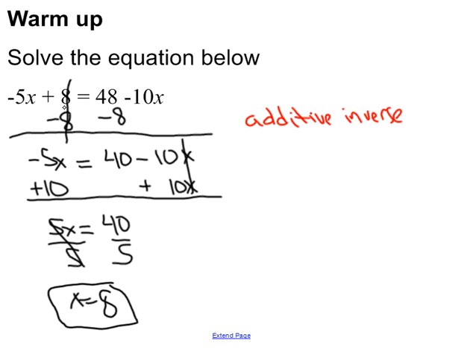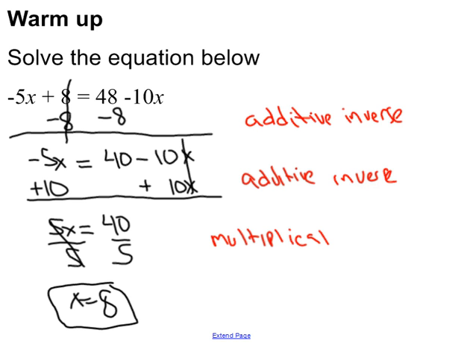You did the opposite of adding 8 here, so you subtracted 8 on both sides. And then you also did the additive inverse again when you added 10x to both sides. And then over here, you did the multiplicative inverse when you divided both sides by 5.